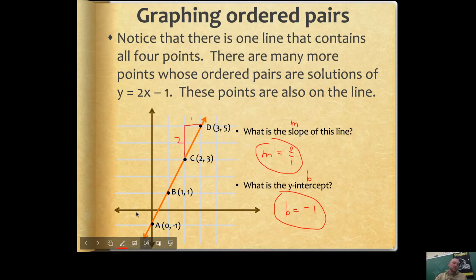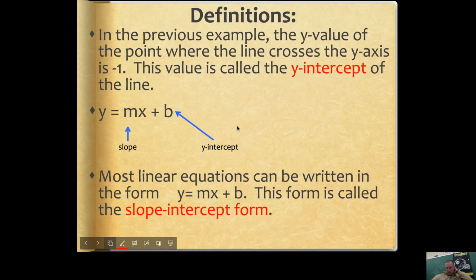When you go to graph, you could plot these 4 ordered pairs using that table like we did on the last slide, or you could use the slope and the y-intercept. This is called your slope-intercept form. Y equals mx plus b. That lowercase m is the slope, and that lowercase b is your y-intercept.